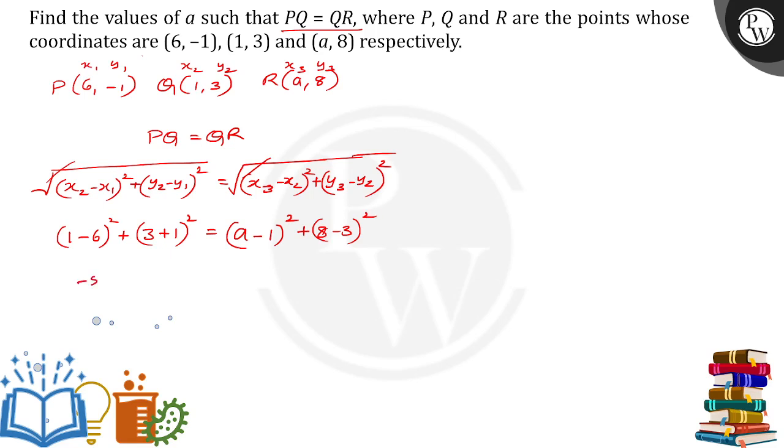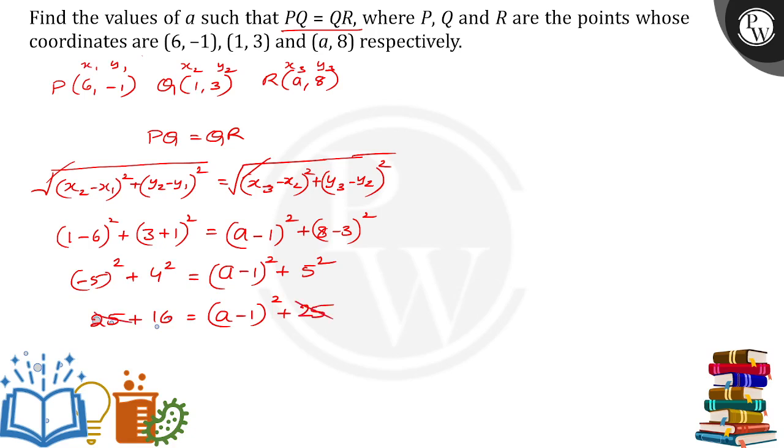So (minus 5) whole square plus 4 square is equal to (a minus 1) whole square plus 5 square. So 5 square is equal to 25. 25 plus 16 is equal to (a minus 1) whole square plus 25. So 25 and 25 cancel. I got (a minus 1) whole square is equal to 16.